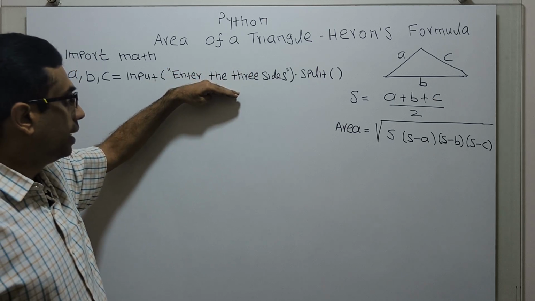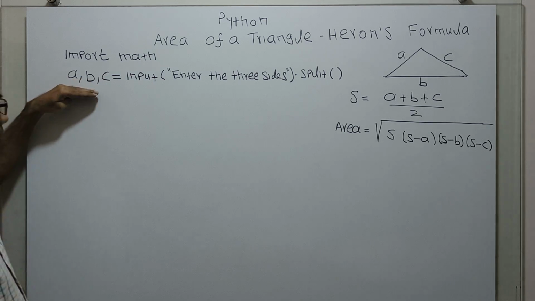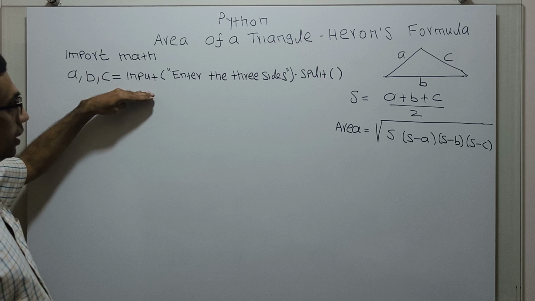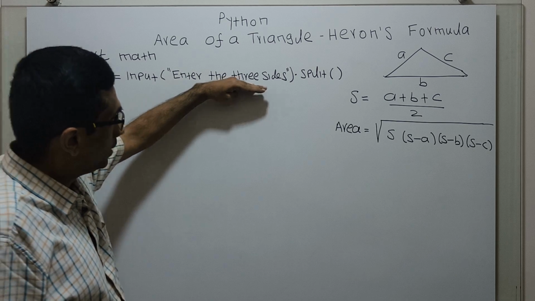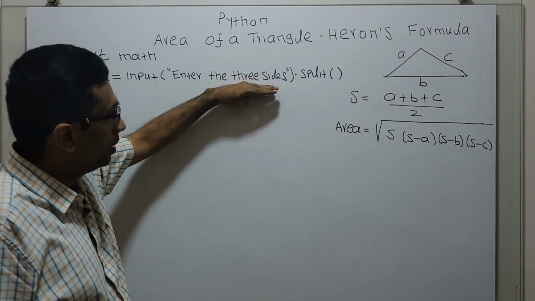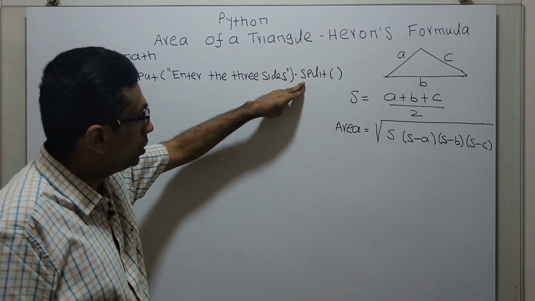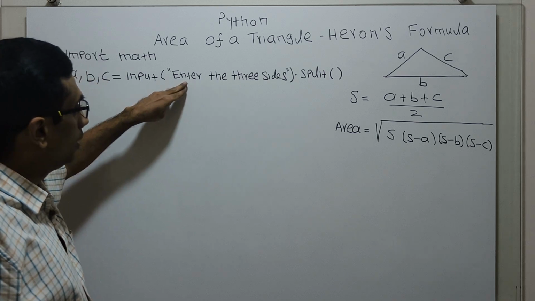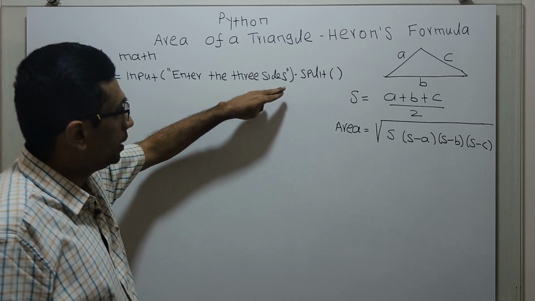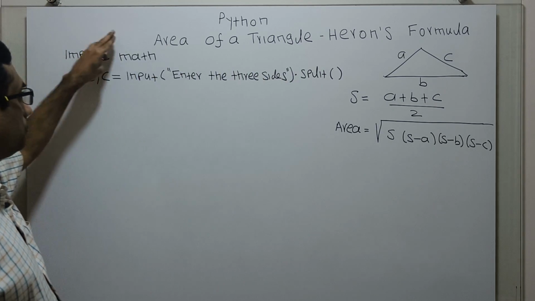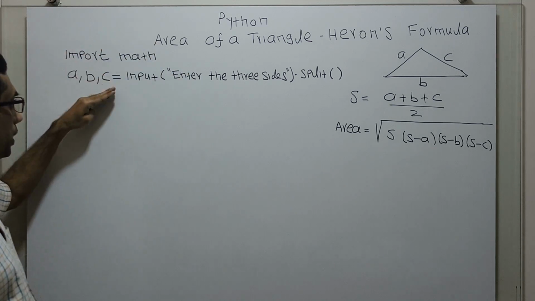That means the three values entered by the user are stored respectively in the variables A, B and C. Here the user will enter the first value, space, second value, space, third value, which gets split by the split function. The first value will get stored in A, the second value in B, and the third value in C.